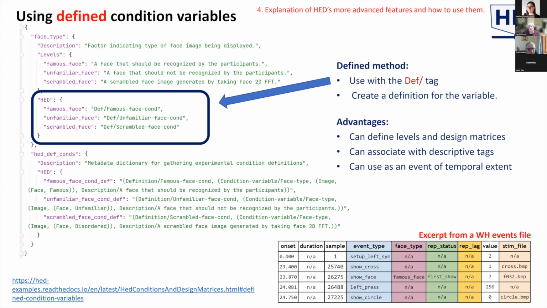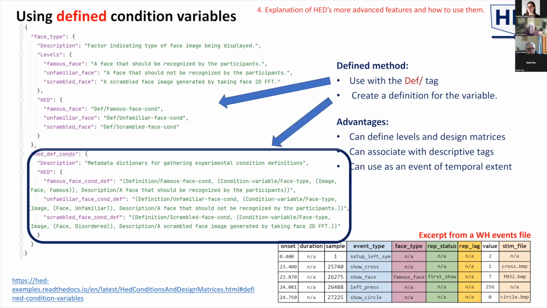So it can be used for lots of things, like defining particular things, a meaning in the lab or whatever. What makes it a condition variable is, if you use the def tag, you have to create a definition somewhere, which you can put in the JSON file in a dummy column, which I'm showing here.